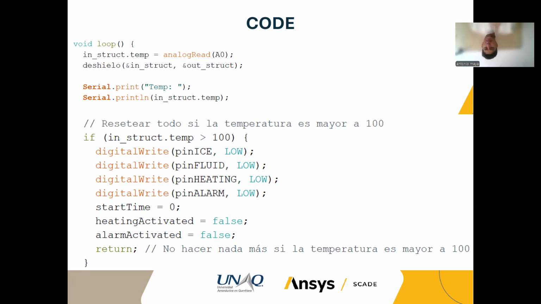We're going to talk about it later, but we're only saying that this start time equals 0 means that there is no ice, and we're resetting this flag. And these two flags for the heating and alarm activated systems are going to be turned off because there's no use in activating them.